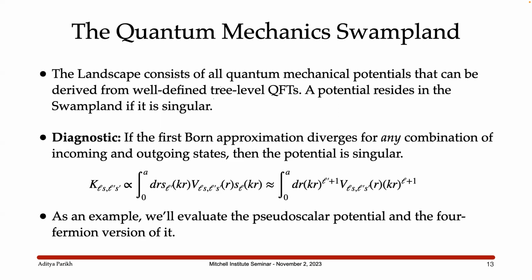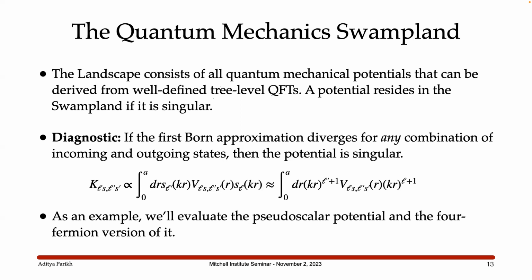So the next step is you want to figure out what is the diagnostic that you can put down in terms of the low energy field theory or low energy quantum mechanical potential. So for me, the diagnostic that I'm framing is to say that if the first Born approximation diverges for any combination of incoming and outgoing states, then the potential is singular, right? So in particular, this is the K matrix.